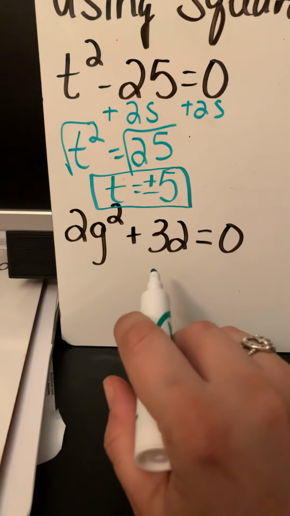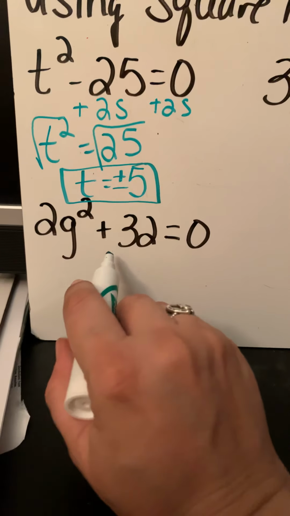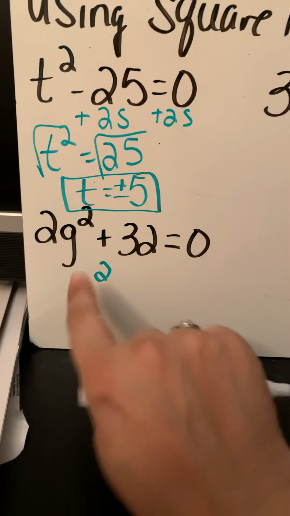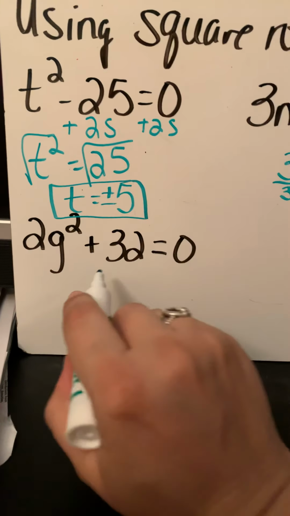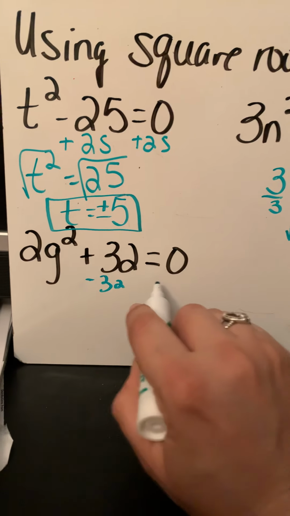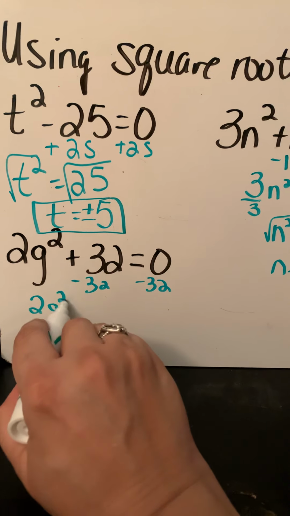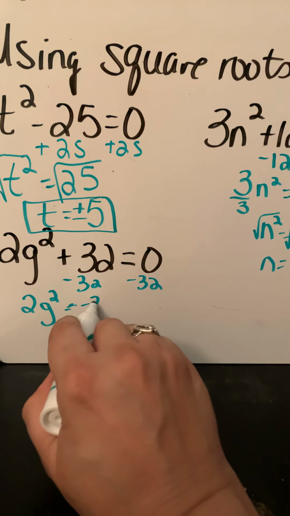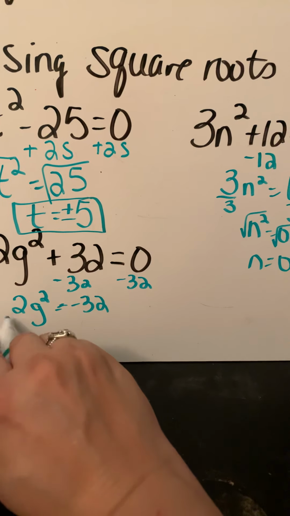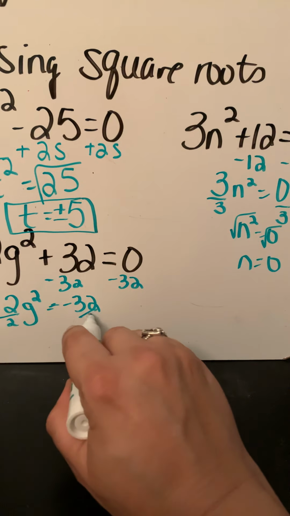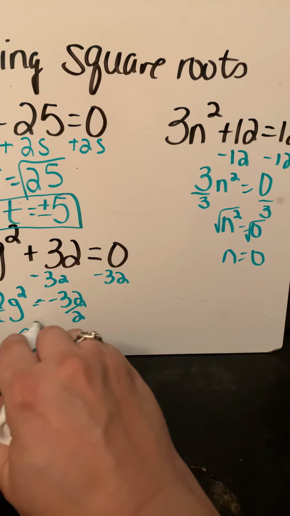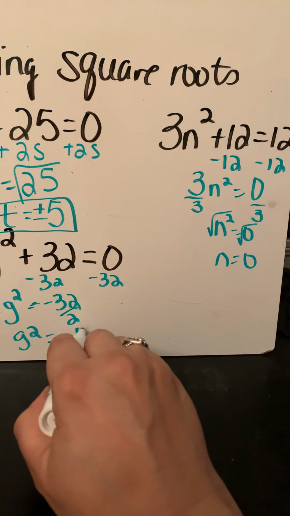Okay, this one here. Subtract your 32 over. So now I've got 2 g squared equals a negative 32. Divide by 2. So now I've got g squared equals a negative 16.